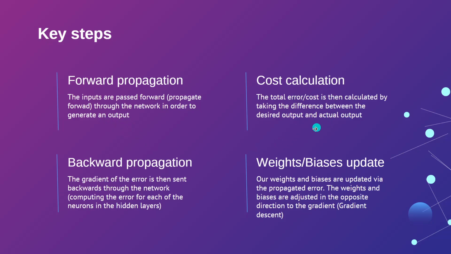For cost calculation, the error or cost is calculated by taking the difference between the predicted and the actual output. Backward propagation, the error is passed backward through a network, starting from the output layer to the hidden layer. Weight and biases update. The weight and biases are updated using the error calculated in the previous step.